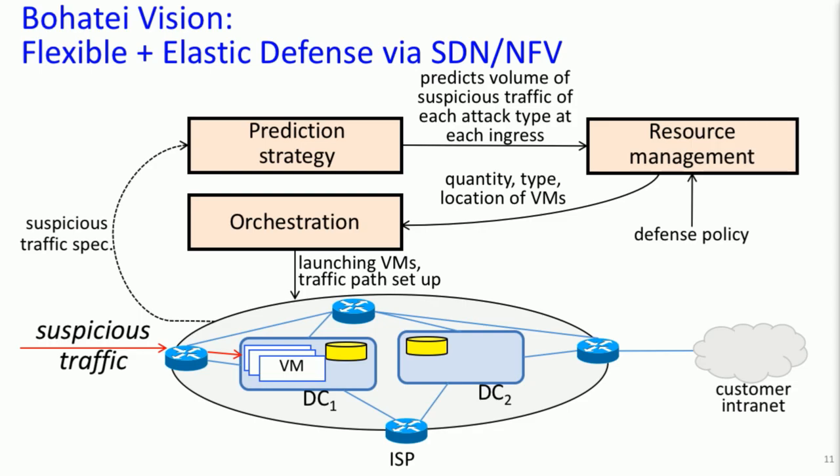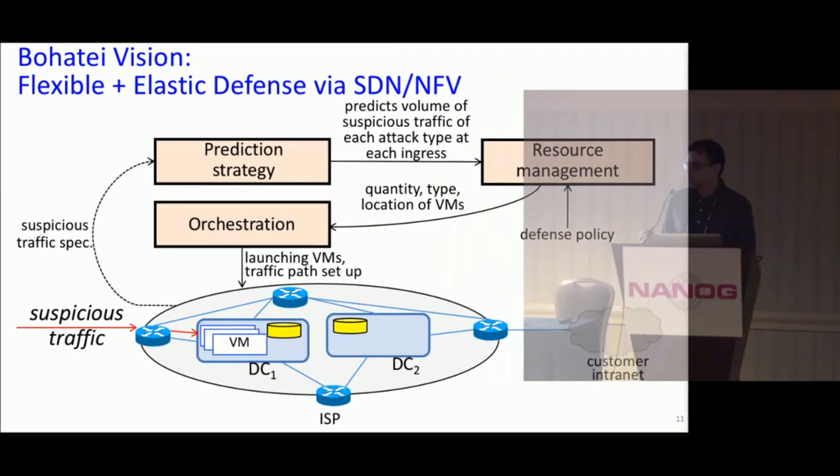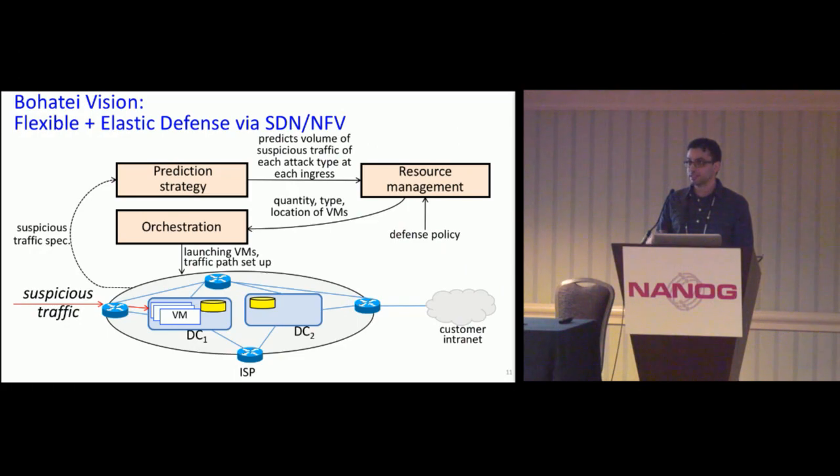But like I said before, given that SDN and NFV are enablers for what we do, they do not automatically solve the problem. So each of these 3 components is going to be challenging to realize in the presence of an intelligent adversary. So let's start, for example, with the prediction strategy.